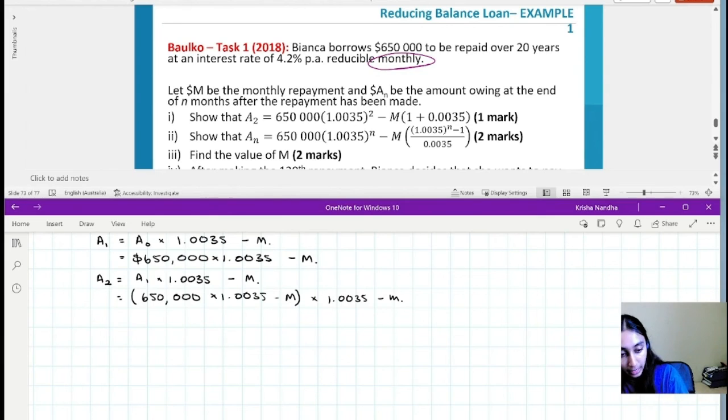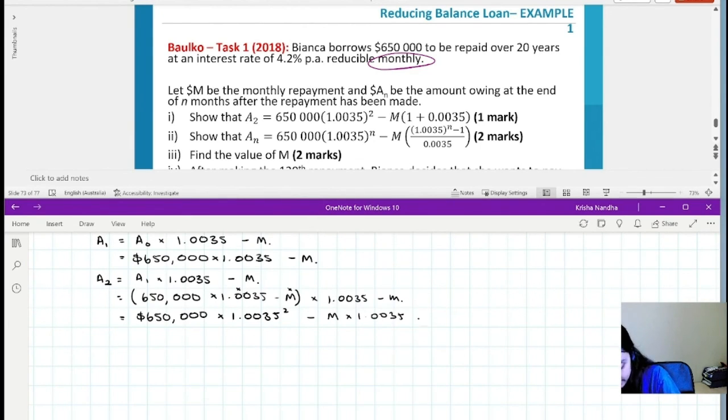Okay. Now I'm just going to expand that out. So times the 1.0035 to this and to this. So that gets me to 650,000 times 1.0035 squared minus M times 1.0035, and then chuck the minus M over here as well.